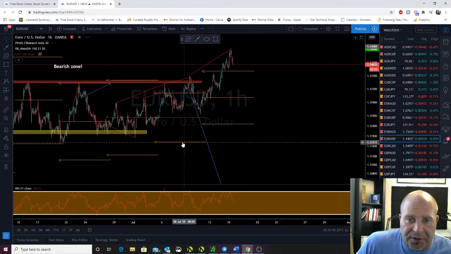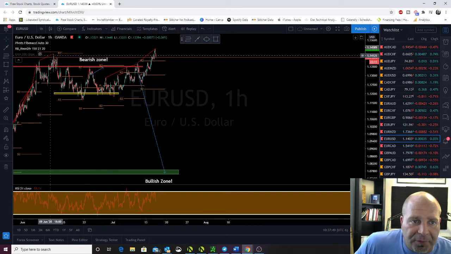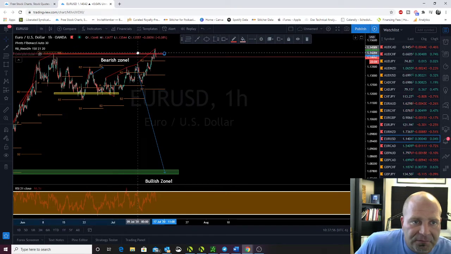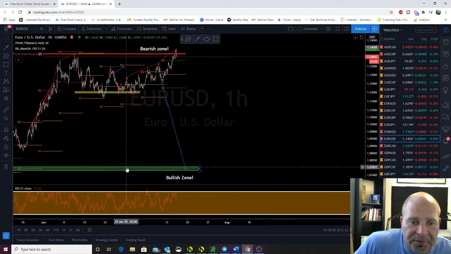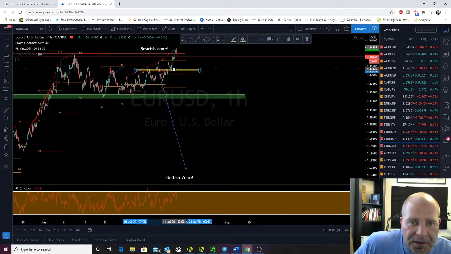Good old Euro US dollar. So we broke this former high over here, way past our bearish zone. So I'm going to move this up, and I'm going to put my make or break zone there.